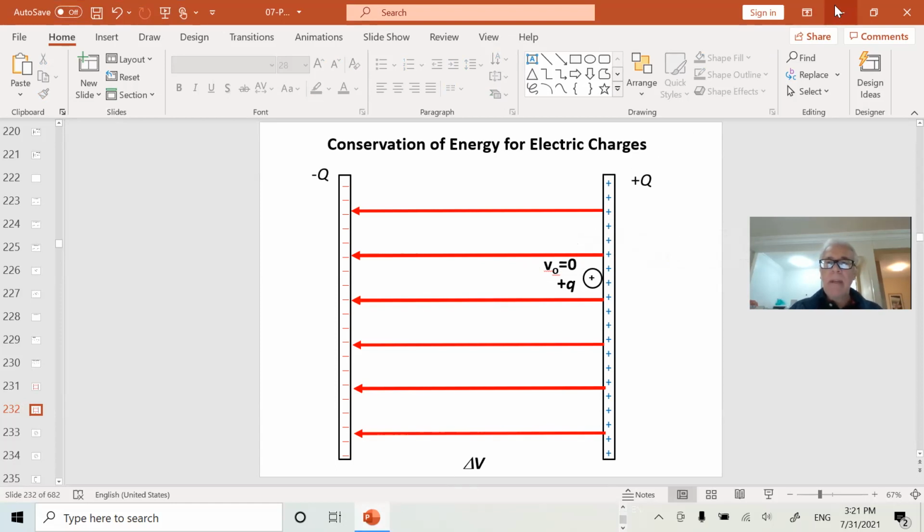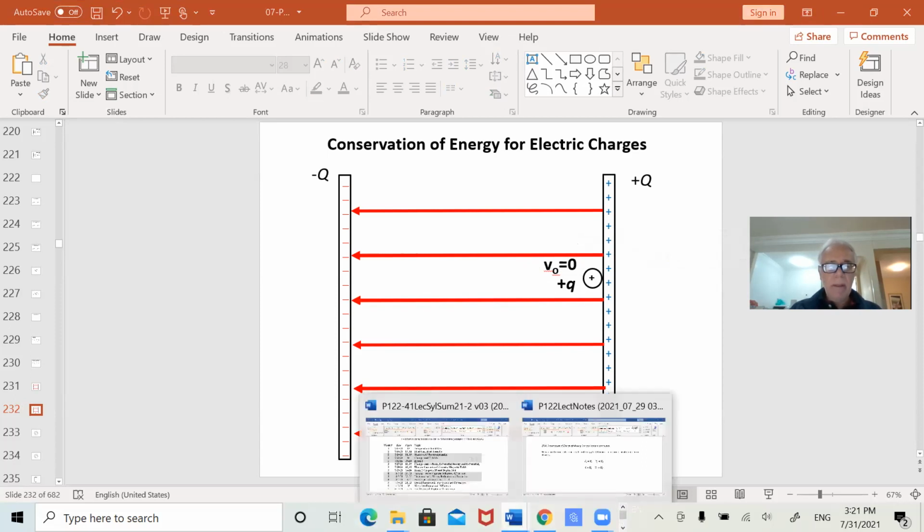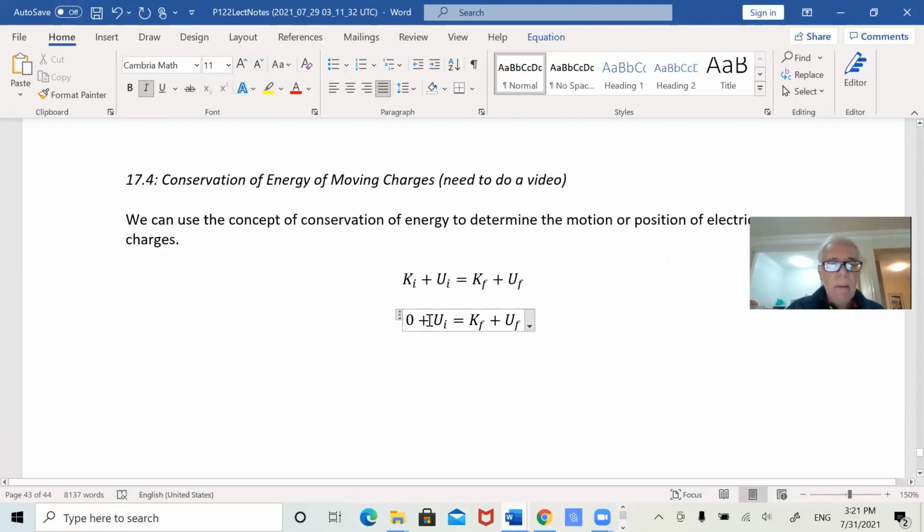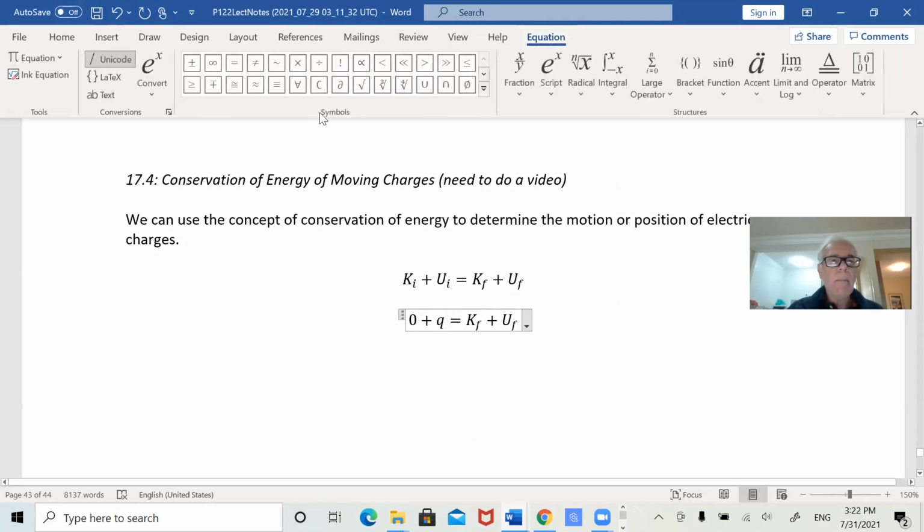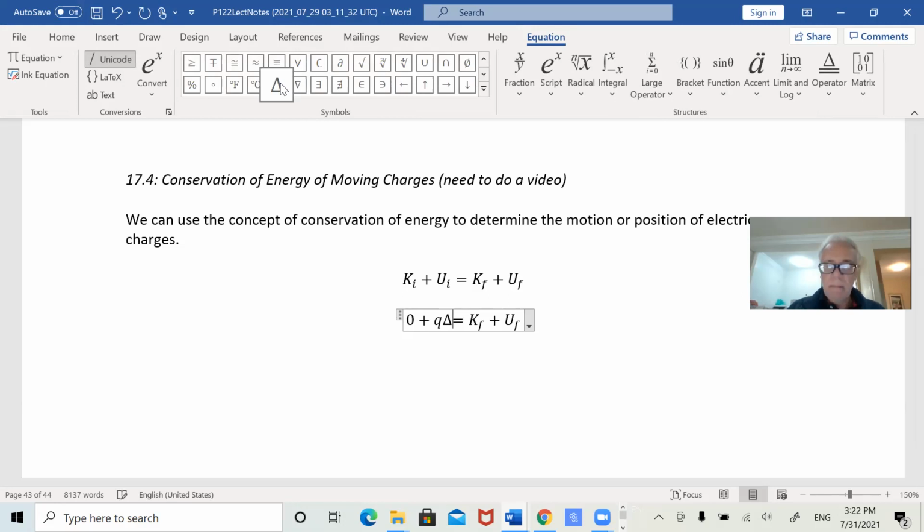And this electric potential energy is going to be given by q delta V.